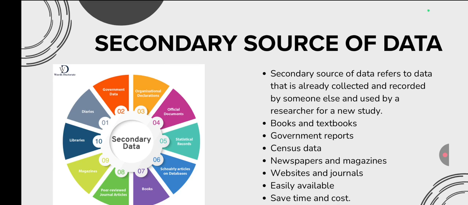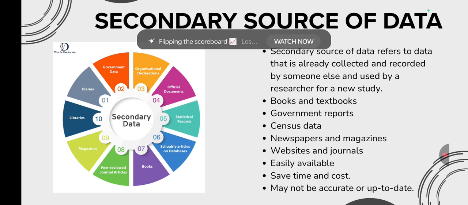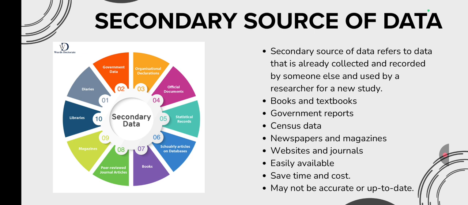Next, secondary source of data. It refers to data that is already collected and recorded by someone else and used by a researcher for a new study. The sources are books and textbooks, government reports, census data, newspapers, magazines, websites, and journals.